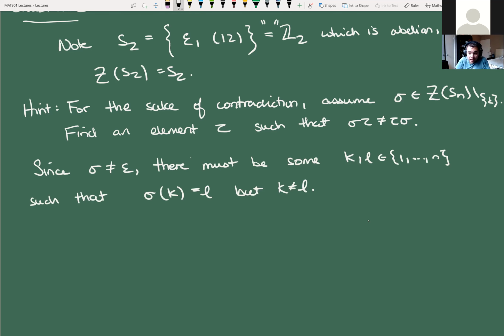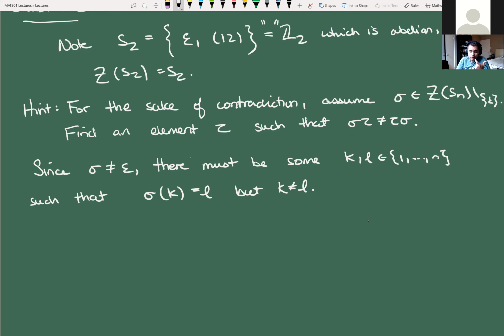Because if sigma of K is equal to K for all numbers 1 through n, so sigma of 1 is 1, sigma of 2 is 2, sigma of 3 is 3, and so on, then that's the identity permutation, right? So in particular, there must be some K and L such that sigma of K maps to L, but K and L are not equal, right? That's how you know you're not the identity.